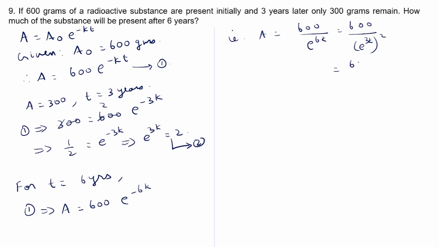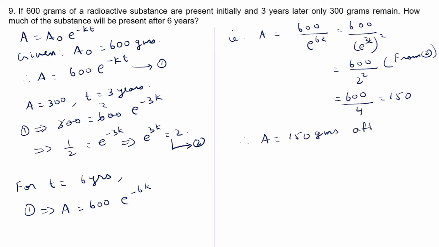So this is equal to 600 upon 2 square, since from equation 2, e raised to 3k is 2. So this is equal to 600 upon 4, which is 150. Therefore, A equal to 150 grams.